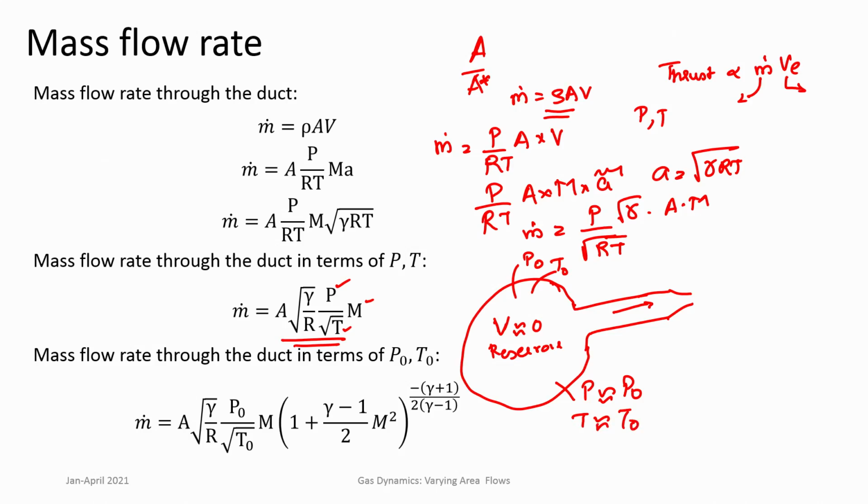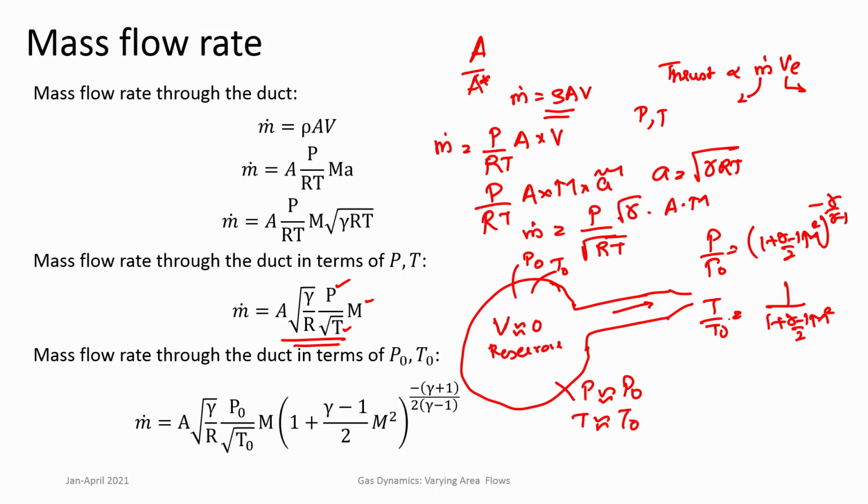So because of this, expressing mass flow rate in terms of P0 and T0 is also very useful, and so you can convert this. You can use the relations P by P naught is (1 plus (gamma minus 1) by 2 M square) whole power minus gamma by gamma minus 1, and T by T naught is 1 by (1 plus (gamma minus 1) by 2 M square).